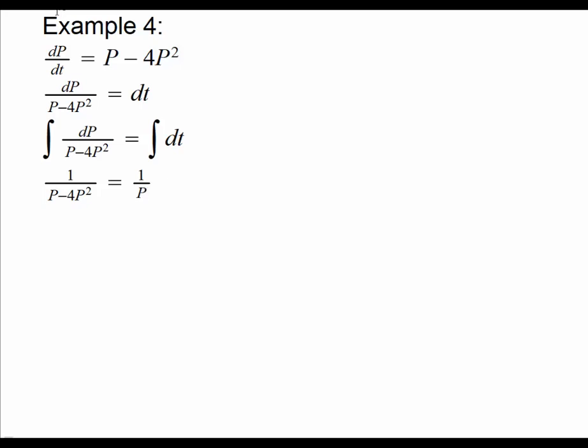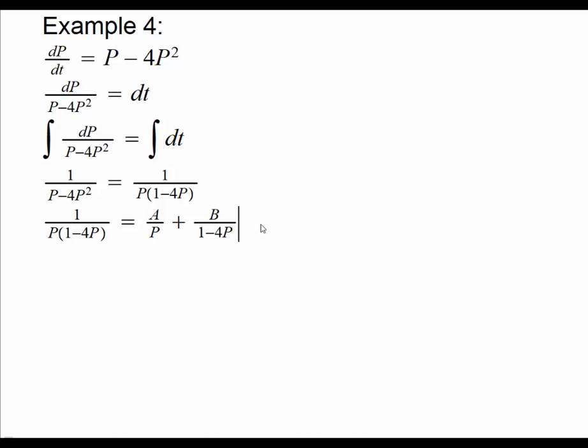It's just one way of doing it. So this will become 1 over p times 1 minus 4p. And then remember how you handled this. You just went ahead and assumed that this can be written in partial fractions. So this is b over 1 minus 4p.